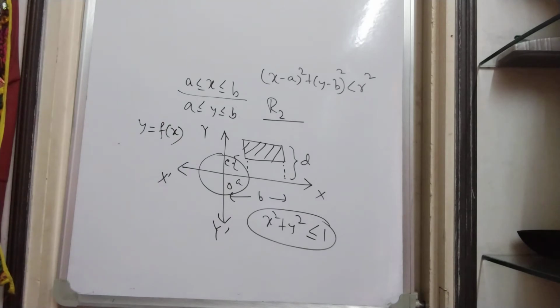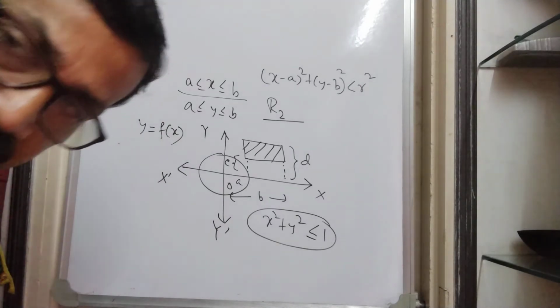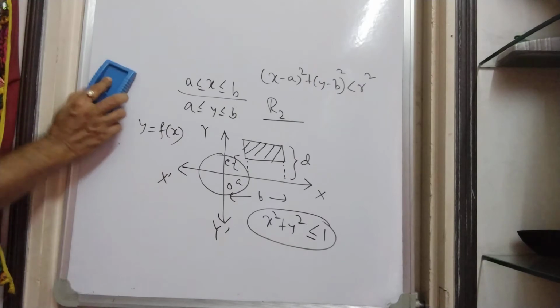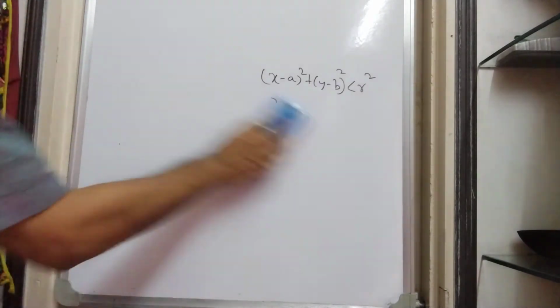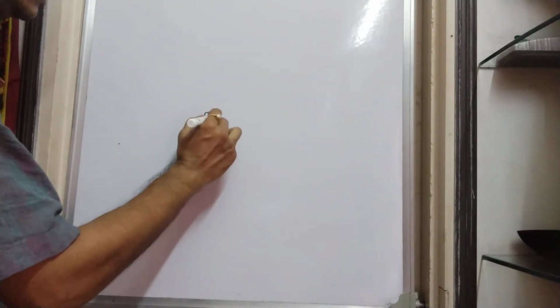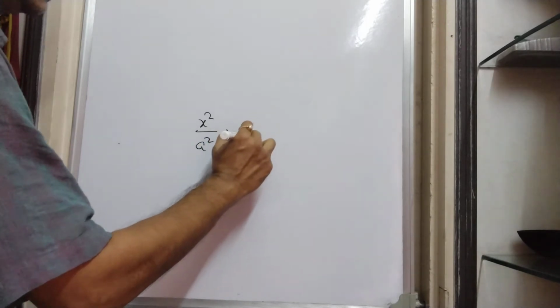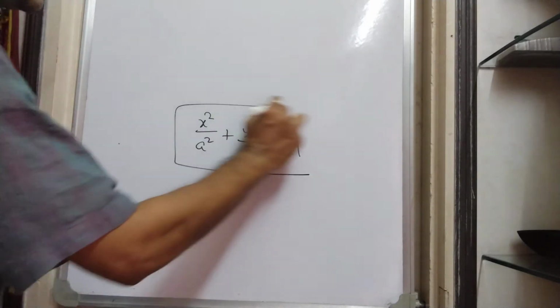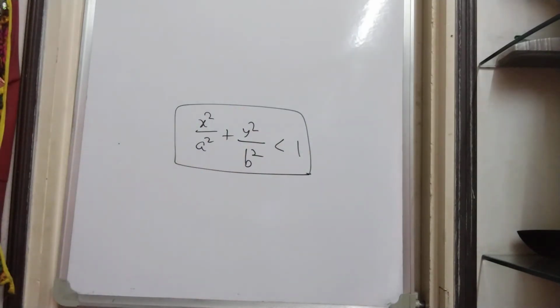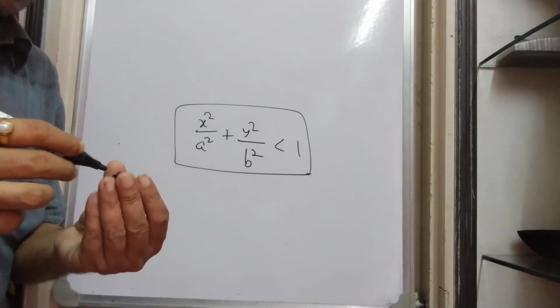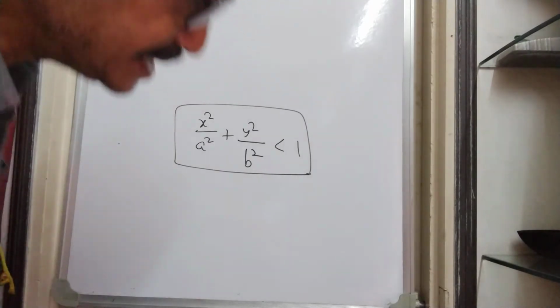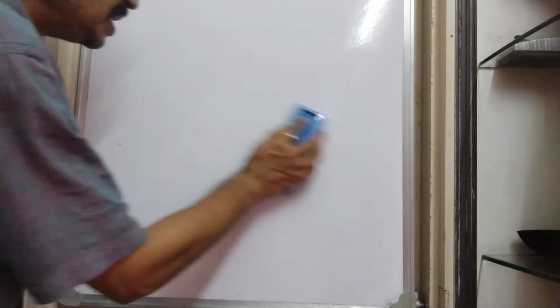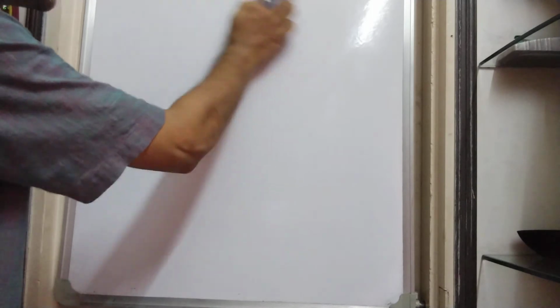So these are a few basic points about the domain of definition and the rectangular, circular or elliptic neighborhood. We may define an elliptic neighborhood also at origin. I am not going into much detail. You may find it in any of the textbooks.